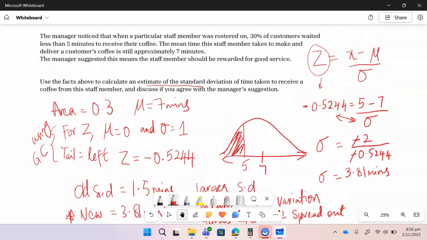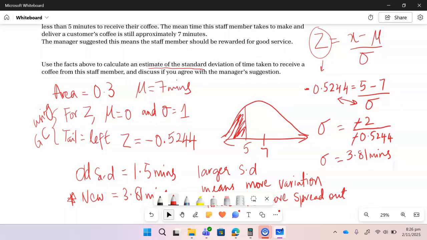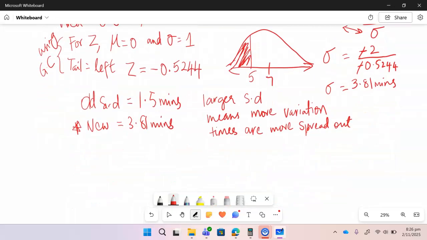So what did they want to do? They wanted to reward the staff member for good service. If their standard deviation is larger, that means their times are going to be more spread out, which to me sounds a little bit inconsistent.